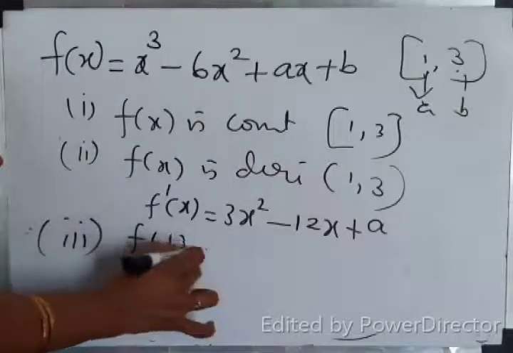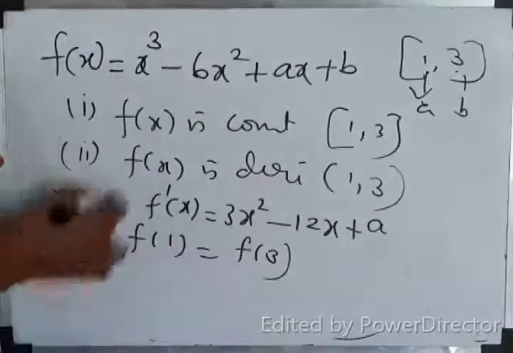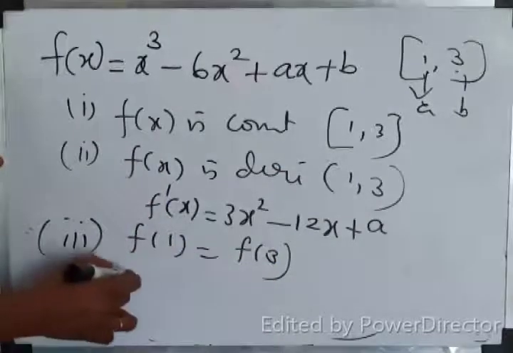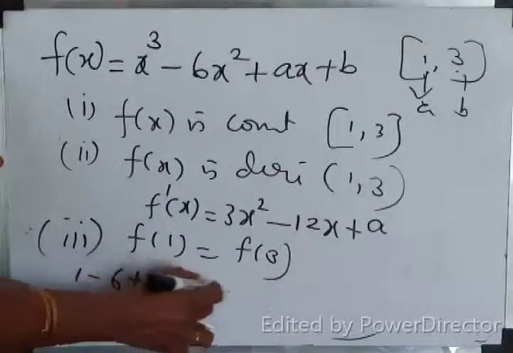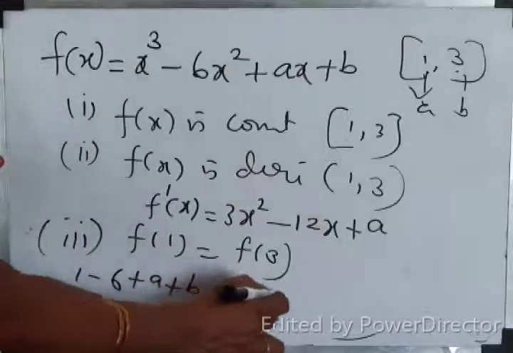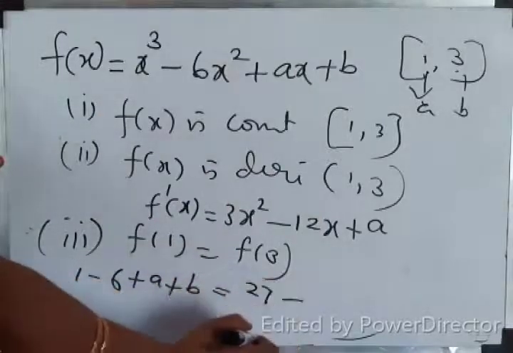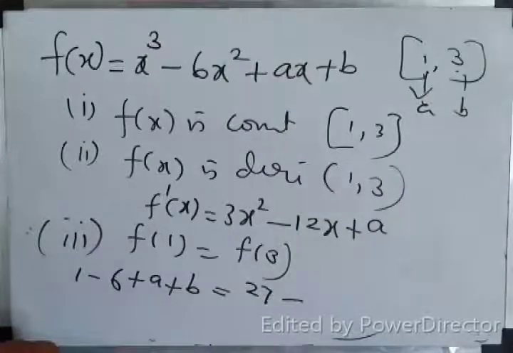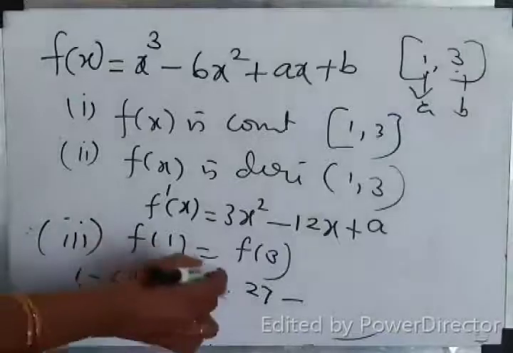f of 1 equal to f of 3. What is f of 1? 1 minus 6 plus a plus b. It is equal to f of 3, which is 27 minus 6 into 9, 54. Right?